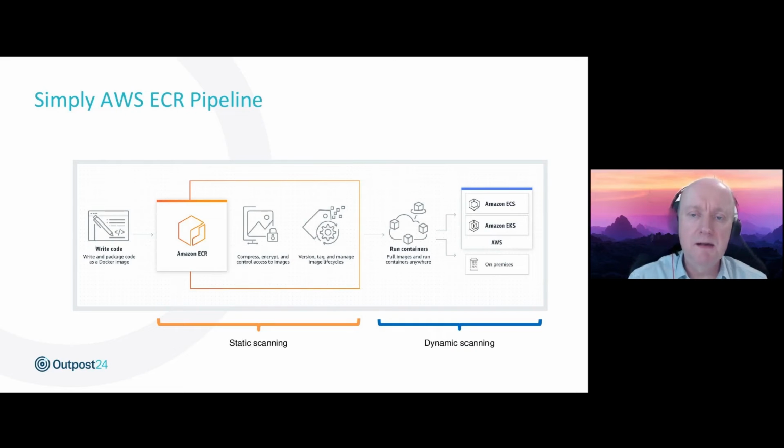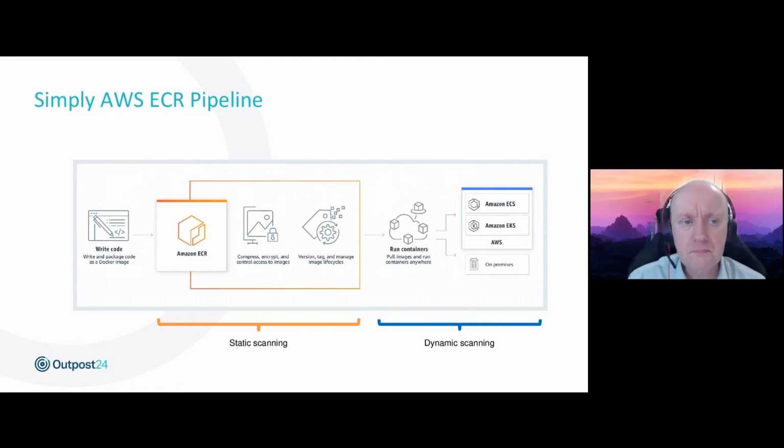So here's a simple AWS ECR, or Elastic Container Registry, example. Very simple. I appreciate that in the real world it's much more complicated than this, but it just gives us an idea of what we're talking about.